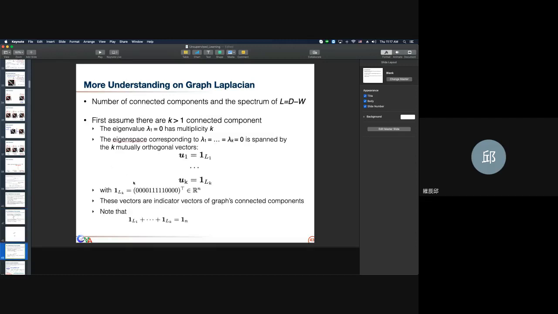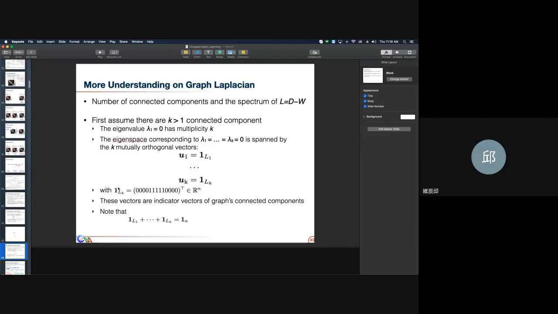Let's assume our data has 13 data points, and for the k-th connected component, the points x5, x6, x7, x8, and x9 are from it.